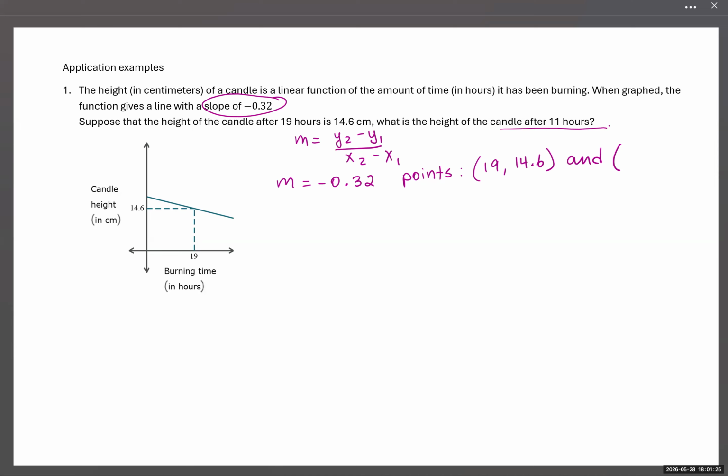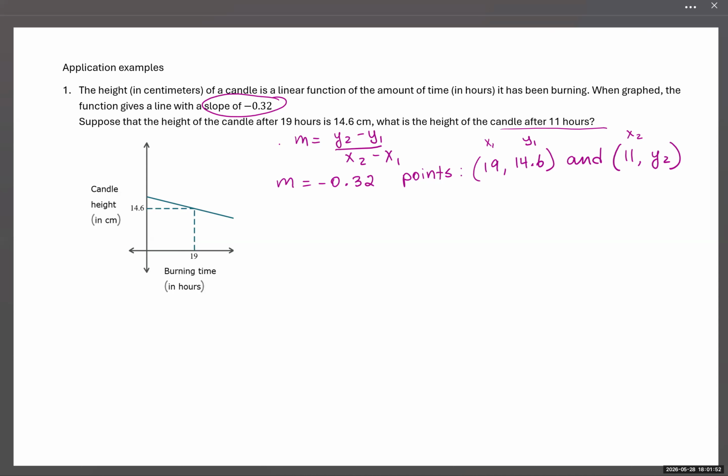It says after 11 hours, so the horizontal axis, the x-axis essentially, will be 11. And the y-coordinate is not known, so I'm going to just label it as y2. So this would be your x1, this would be your y1, this would be your x2, and then y2. Y2 is the only unknown on all of these, so we should be able to calculate it.